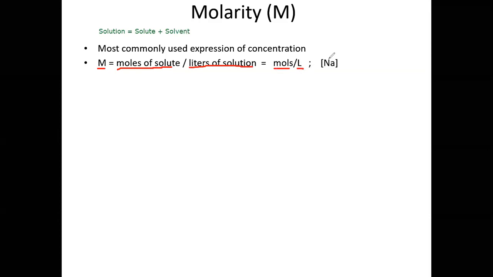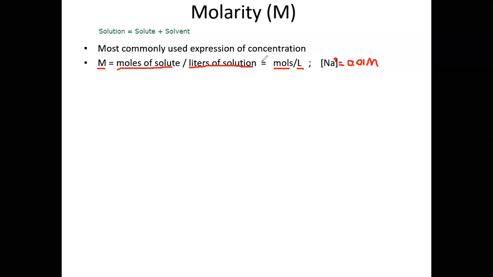If we wanted to describe the concentration of, say, sodium ions, typically you put it in brackets, and it's understood that when you say the concentration of sodium ions equals, for example, 0.01 molar, you're talking about concentration.